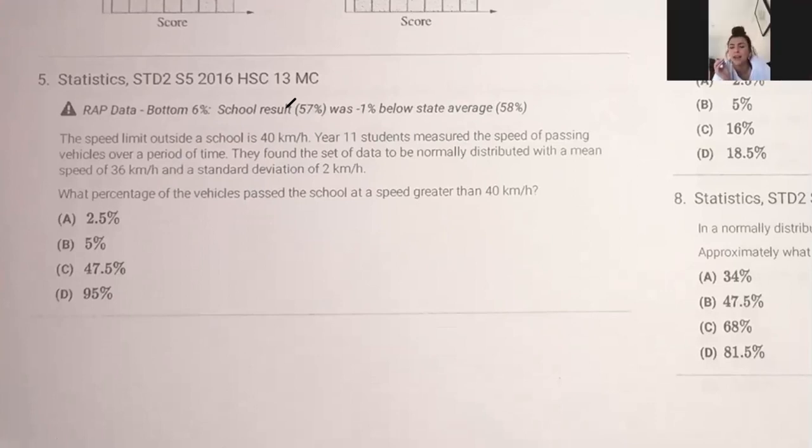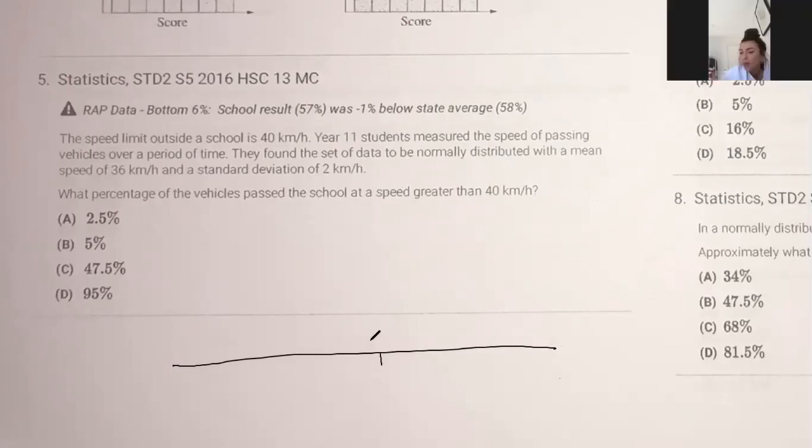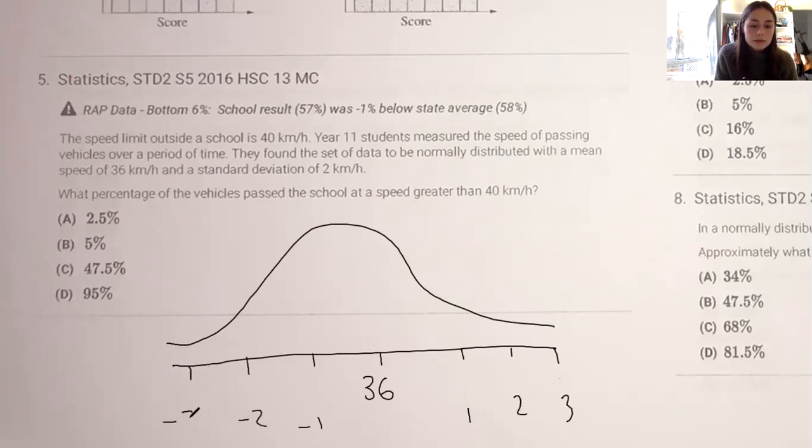Are we drawing it again? I feel like drawing it gives you a good understanding. So the mean goes in the middle, so the mean's 36. Then we have 1 standard deviation above, 2 standard deviations above, 3 standard deviations above, -1, -2, -3.